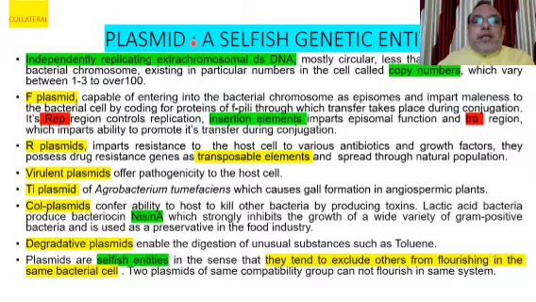A bacterium contains its chromosomal DNA, which is circular DNA in most cases. It represents the main chromosome of the bacterium and replicates as the bacterium multiplies. But many bacteria also have extra chromosomal DNA, a stretch of DNA which can multiply autonomously of the main chromosome.